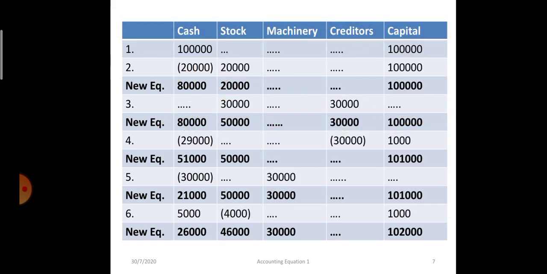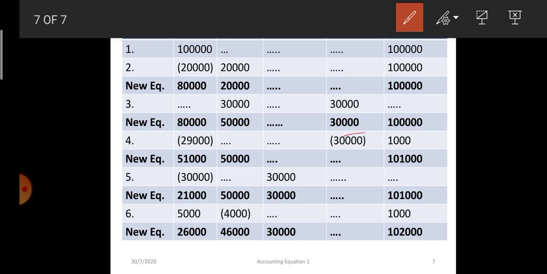Now see, the next transaction says that Ramesh was settled by making a payment of 29,000 rupees. Ramesh account stood at 30,000. So we are making 29,000 in full settlement. So we will deduct 30,000 from Ramesh, so Ramesh account will be zero, nil. Now we don't have to pay anything, but we received a cash discount of 1,000 rupees.